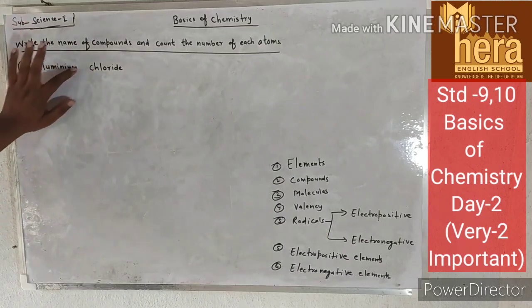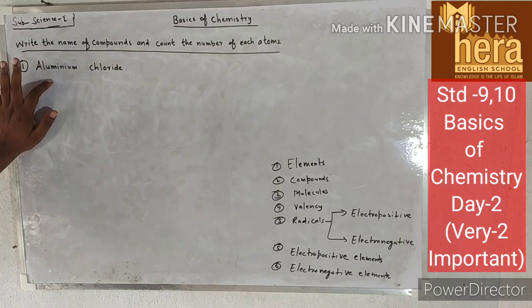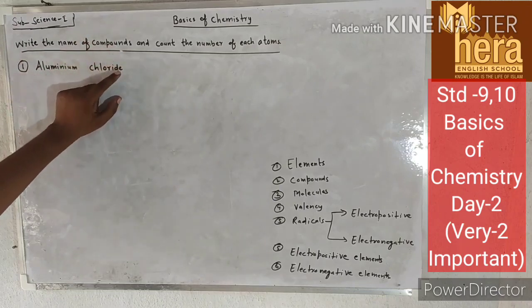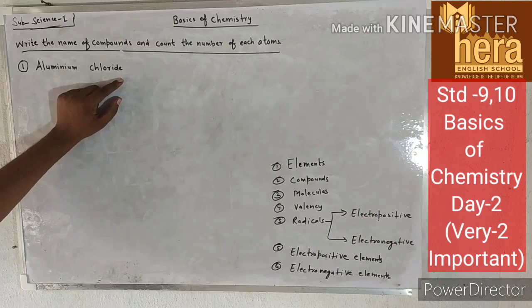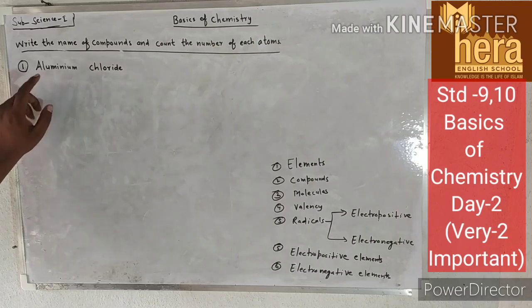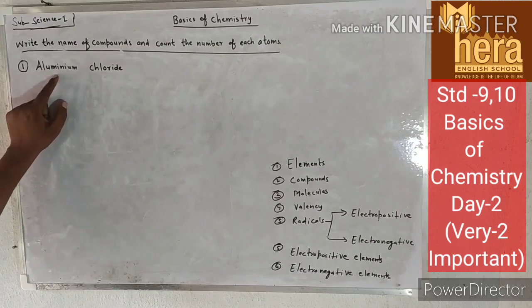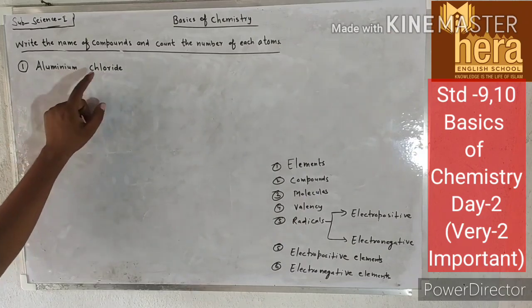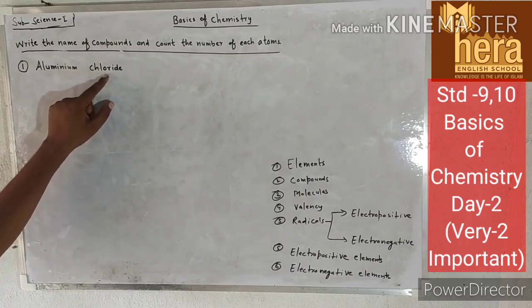First part is electropositive element and second part will be electronegative element or electronegative radical. So first part you have to find in table number 3 and second part you will find in table number 4.